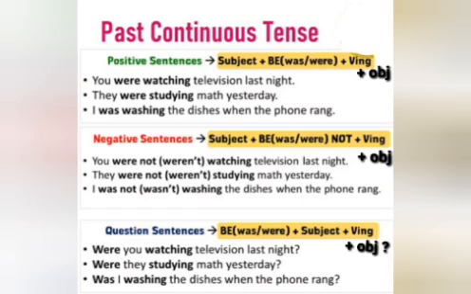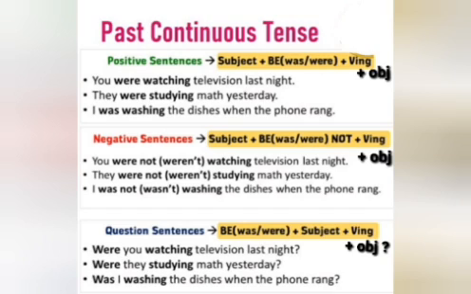Take for example, you were watching television last night. So you is the subject, were from the syntax, watching is the V1 plus ing form of the verb, television is the object, and last night is that specified time.